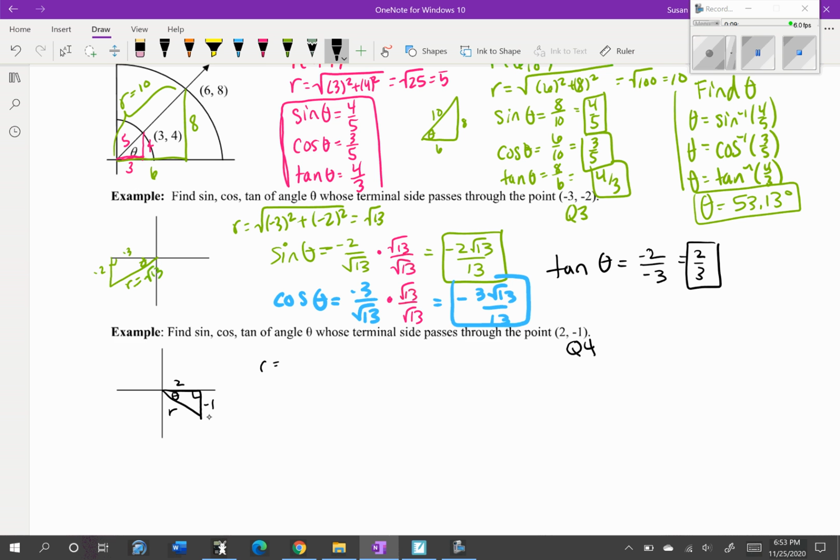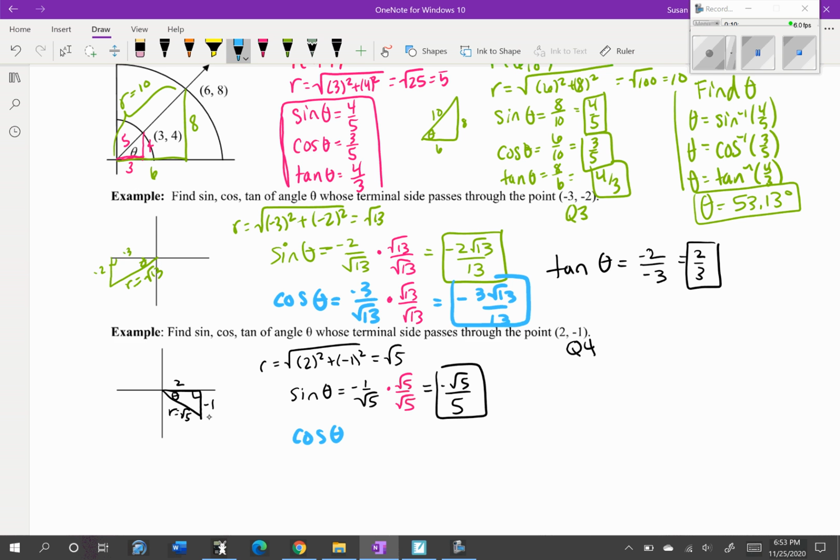So r is equal to the square root of 2 squared plus -1 squared, which this one is the square root of 5. So then for this, if we want to find the sine of the angle, opposite over hypotenuse, -1 over the square root of 5, and then we need to rationalize by multiplying by root 5 over the square root of 5. So this gives us negative root 5 over 5 for this sine.